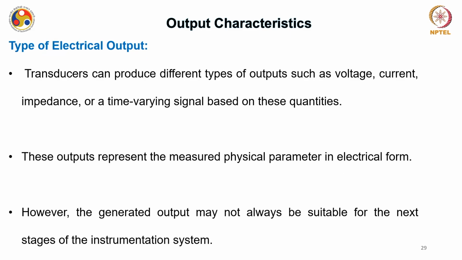Therefore, you have to be careful about what output signal you require, for example if you have an ADC, a DAC, or whatever stage it has. Otherwise, you may have to add one more step in between for a subsequent stage conversion. You may require a stage to convert voltage to frequency, or voltage to charge, or charge to voltage, depending on the next stage of your instrumentation system.